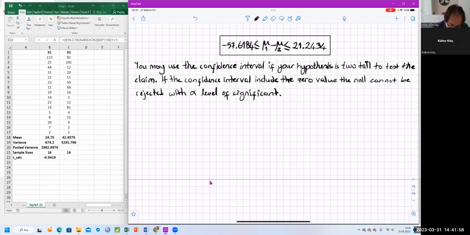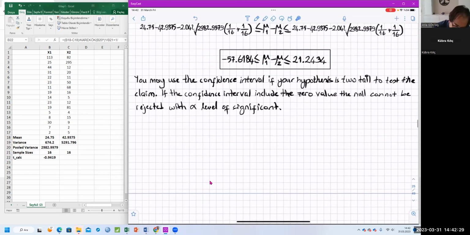We've done it already, and we ended up with no rejection. We did not reject the null hypothesis, and we can confirm that from the confidence interval, this interval includes the zero value because the lower bound is negative and the upper bound is positive. So the zero value could be within the interval. That's fine. So you can easily tell that from the confidence interval, you will not be able to reject the null hypothesis.